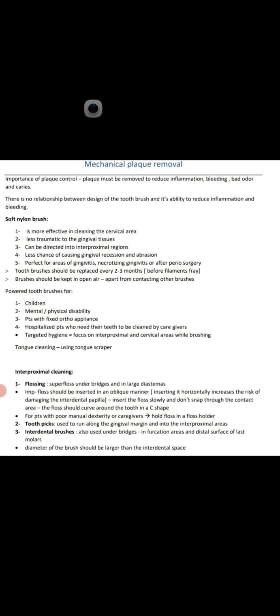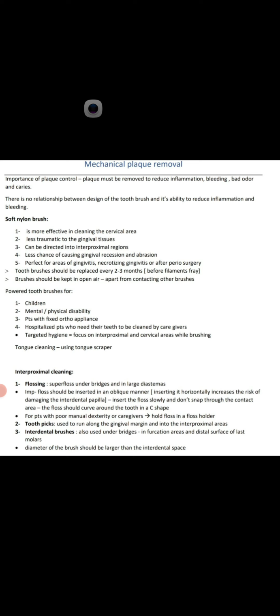In toothbrushes there are two types: one is a soft nylon brush which we use mostly, and next is a power toothbrush which is electrically driven. And the interproximal cleaning aids are divided into three types: flossing, toothpicks and interdental brushes. Now come to the detail.